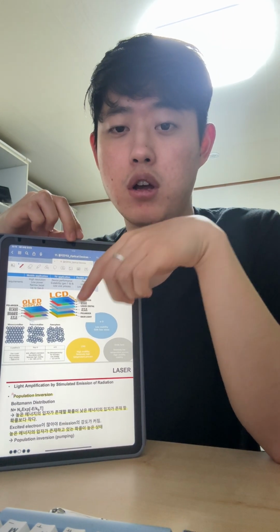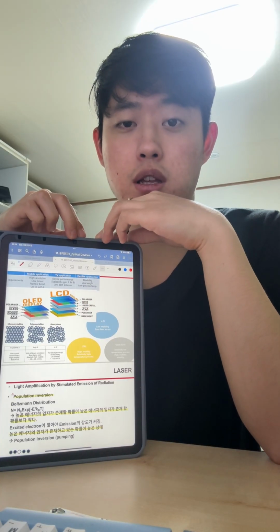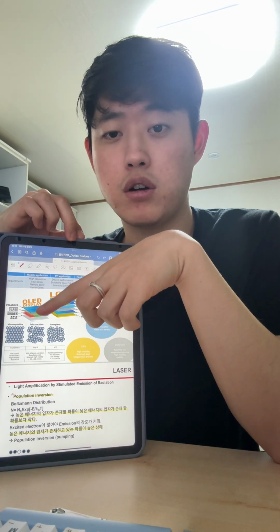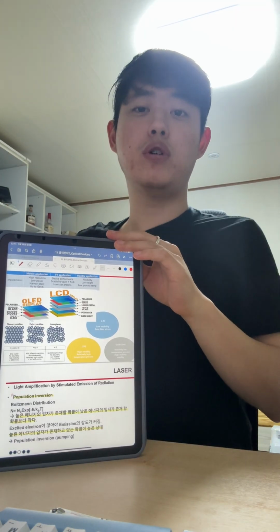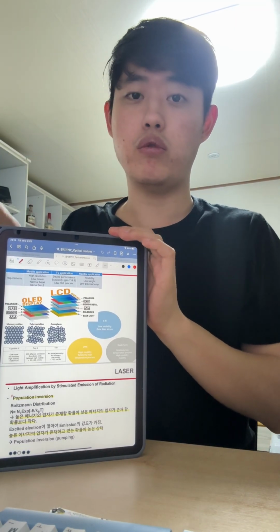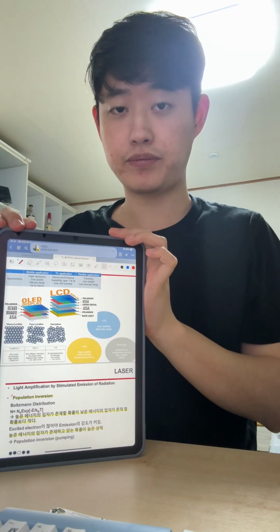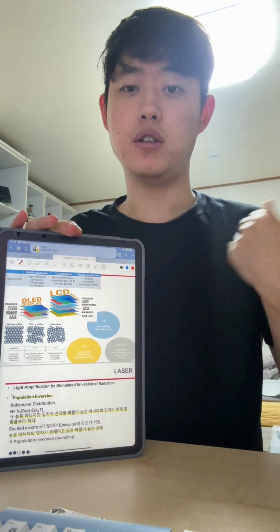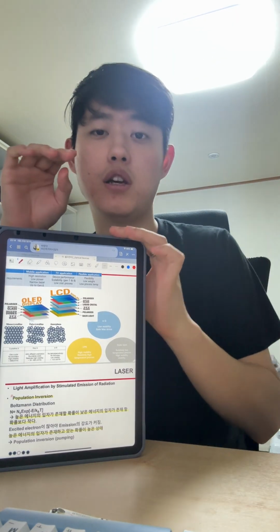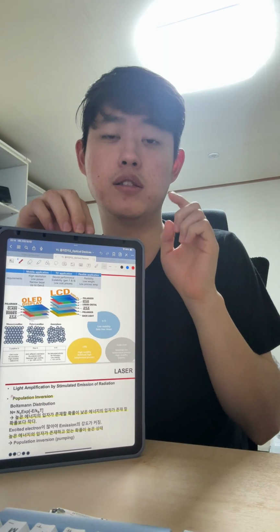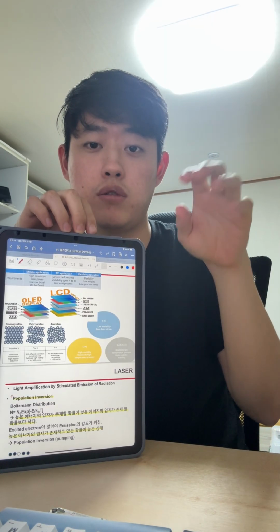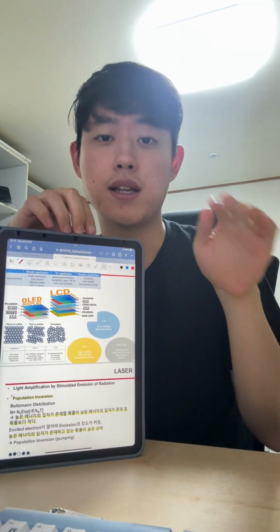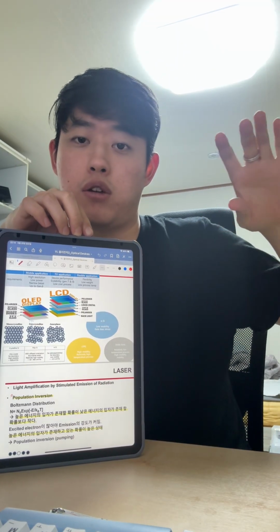Because of using OLED, this is amorphous. When we have to grow on the glass panel, silicon is crystalline, made of silicon. So glass is amorphous and silicon is crystalline.